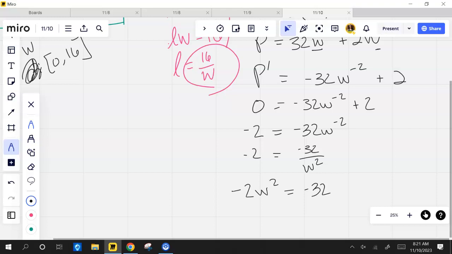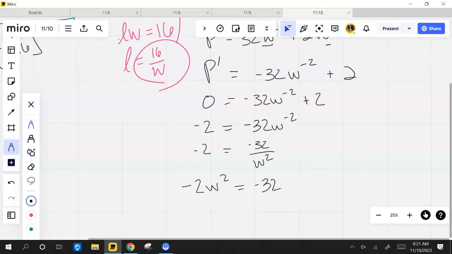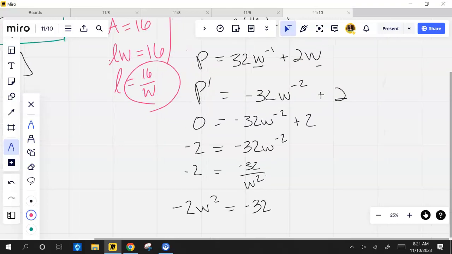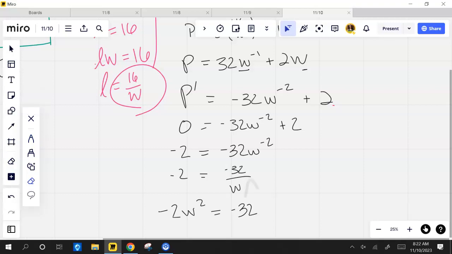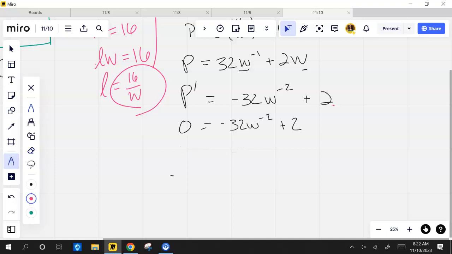We did that like we did yesterday. You can do it, it doesn't matter. I'll tell you what my brain did. As soon as I saw this, I knew 32 divided by 2 was going to be 16, which is a perfect square, which I could take the square root of. I knew it was going to work out nicely, so it was easier just to go through. But I see what you're saying, because we do need to find the places where it might have a bottom going to. So we'll do it that way, like we did yesterday.